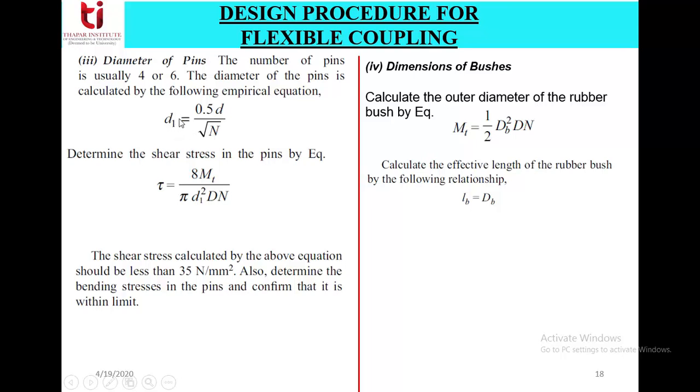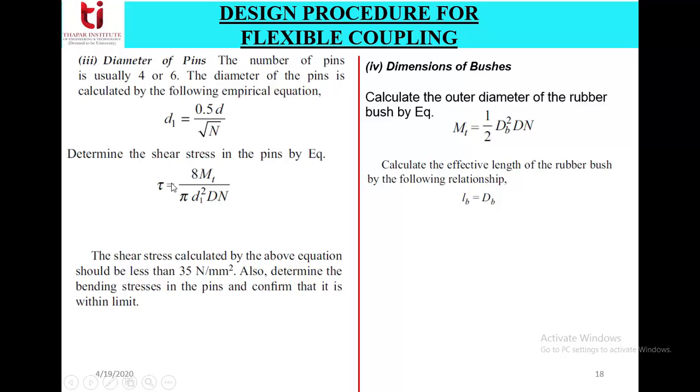We must also ensure that this diameter does not fail under the shear stress criteria. Tau is equal to, as we derived in the previous lecture, 8 Mt by pi d1 square D N, right?